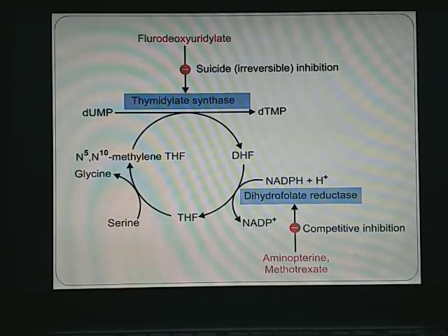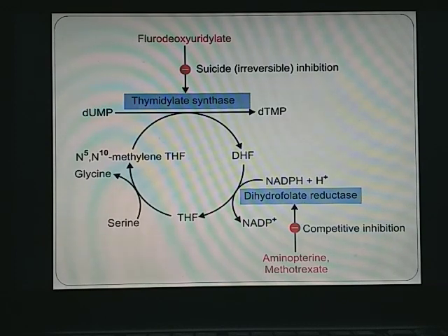So what is this suicide irreversible inhibition? So enzyme inhibition is of two types, that is reversible inhibition and irreversible inhibition. So in irreversible inhibition, the inhibitor binds to the enzyme covalently, that is more tightly, and which cannot be reversed. And suicide inhibition is a type of irreversible inhibition where the inhibitor is converted into a more potent form and inhibits the enzyme which has to be inhibited.